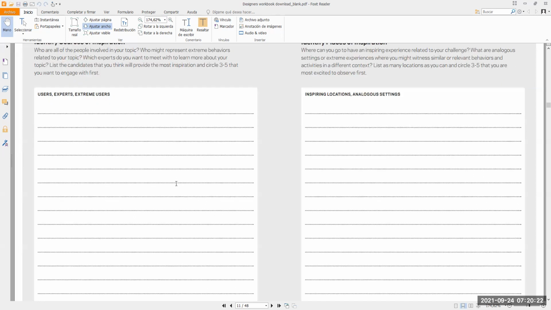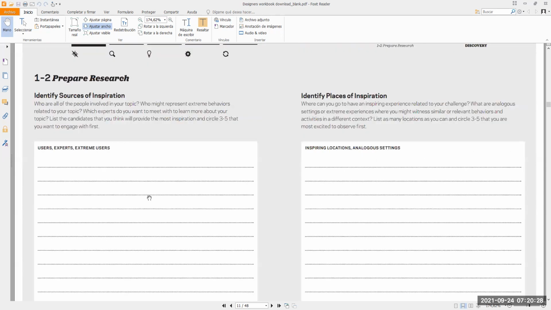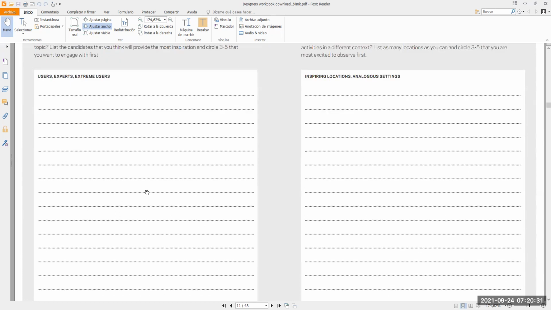So in general terms, guys, what we're going to put here is the names of users and experts that you can consult. So it's the actual names, and that depends on people from the group. Somebody in the group can say, oh, I've got 2 people I can talk to. Another person says, I've got 1 person I can talk to.